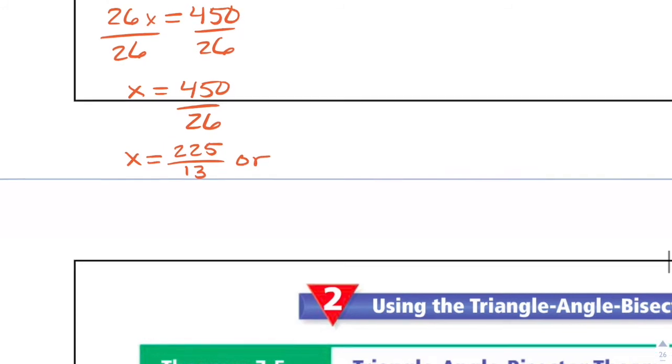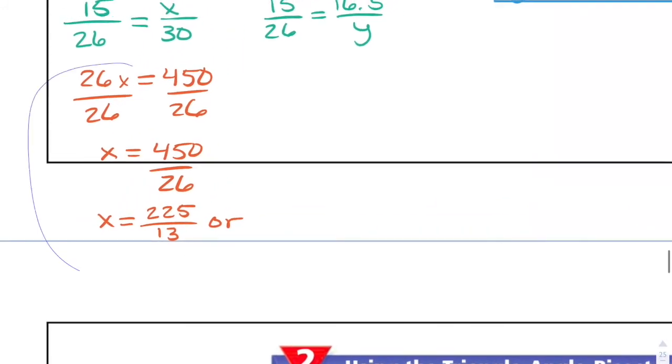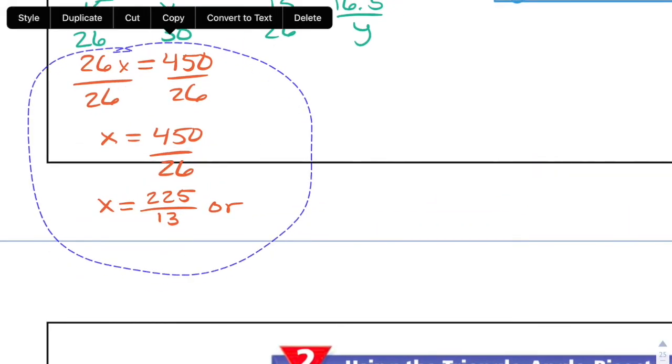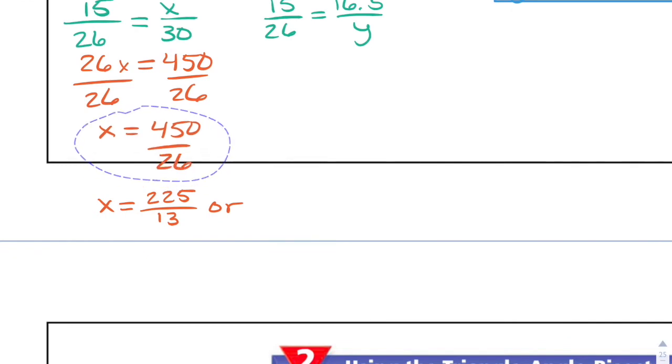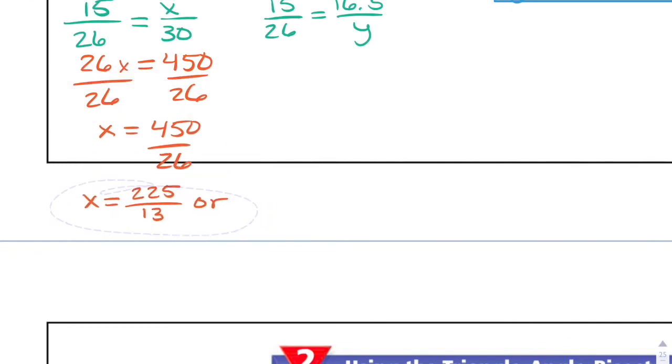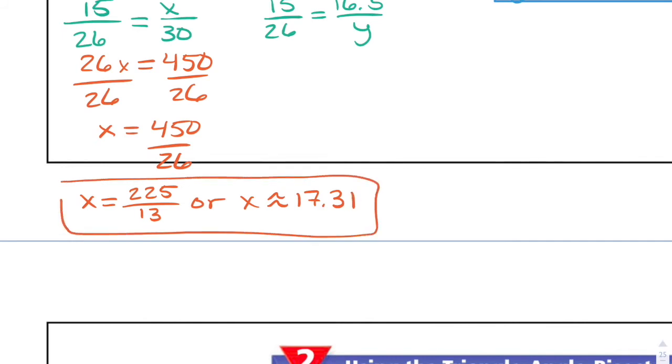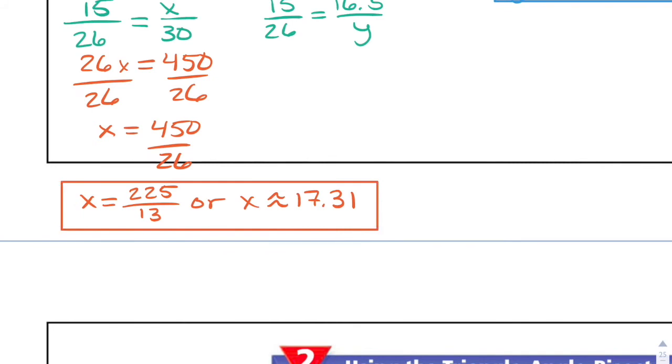Or we can say x approximately equals 17.31. Rounding to the nearest hundredth place is fine.